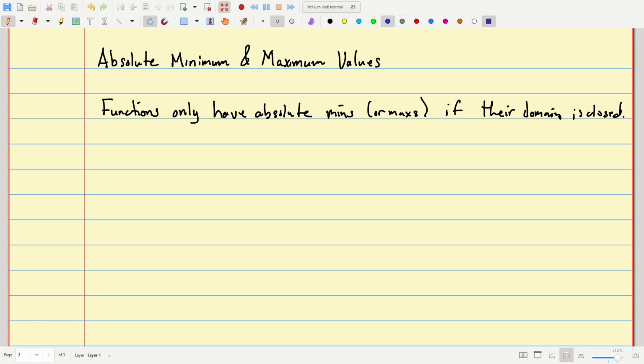So if we have the domain of a function that is a set that looks like this, the function will have an absolute min and an absolute max, okay? If I have a function whose domain looks like this, where the boundary of the circle is not part of the domain, then it is not guaranteed that I have an absolute min or absolute max, okay? So closed sets are required here, all right?